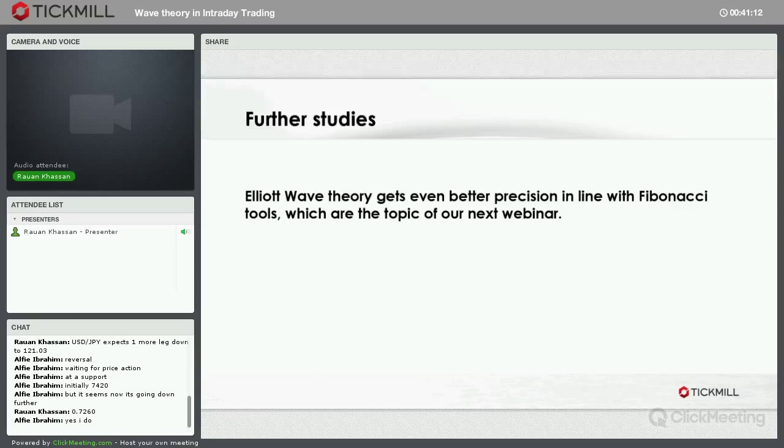They empower the initial wave theory and make it more precise because they help us to identify which correction trends can be counted as confirmed and which are not confirmed yet.